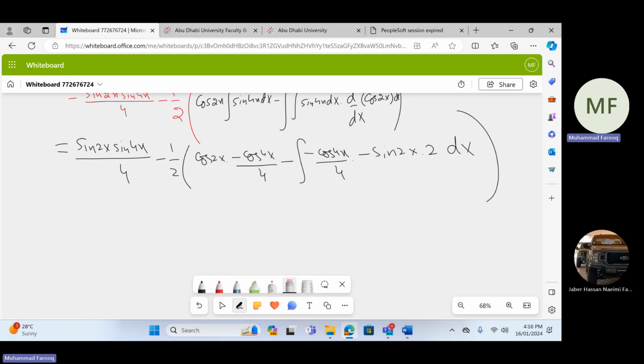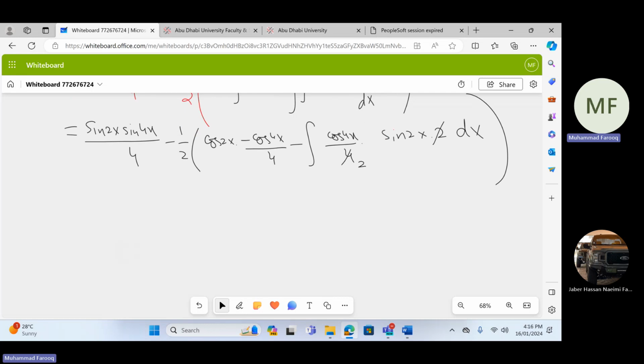This negative and this negative make positive. Is that clear? Very good. Make some cancellation: this two and this two cancel out. Is that fine?